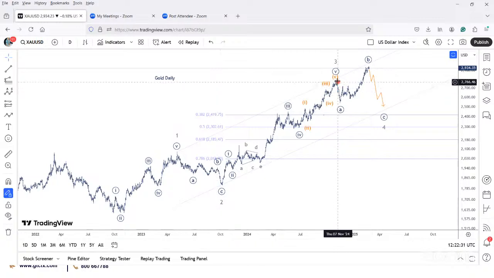An expanded flat is a three-wave corrective decline labeled minute A, B, C, where we've got minute A in place and minute wave B is just around the corner.